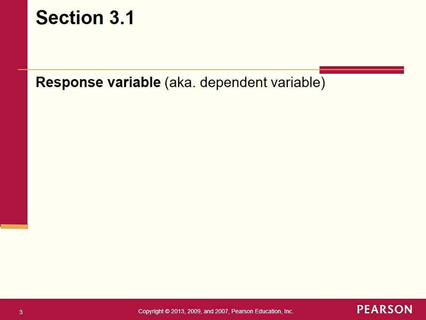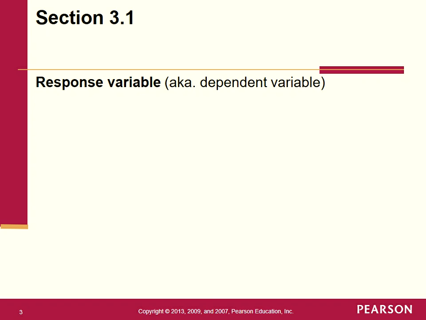So we're going to define these variables. We have two of them. One, we have the response variable, aka the dependent variable. If you're in another class and they start talking about dependent variables, they're talking about the response variable, but every stats book will talk about it as response versus dependent.